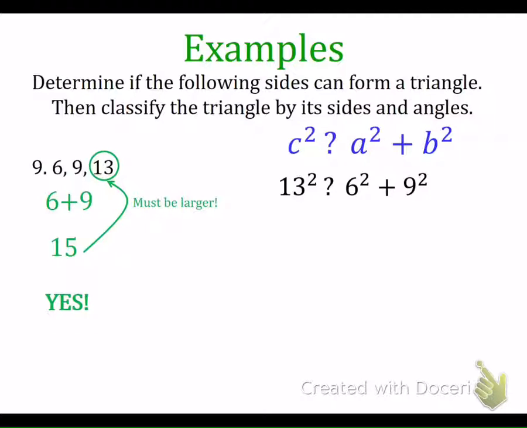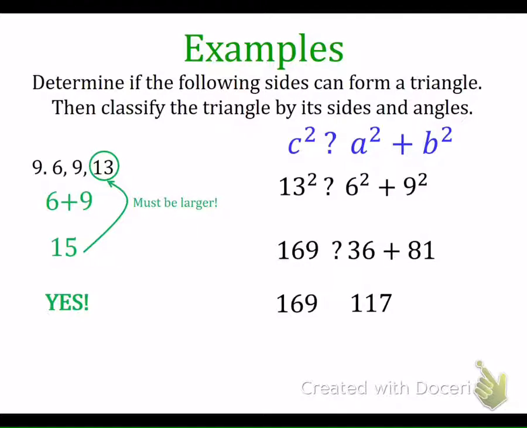So 13 squared is what? 169. 6 squared is what? 36. 9 squared is what? 81. When you add those, what do you get? 117, but close enough. Yep.